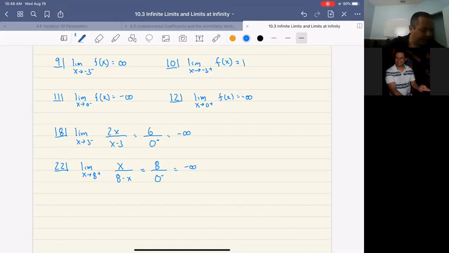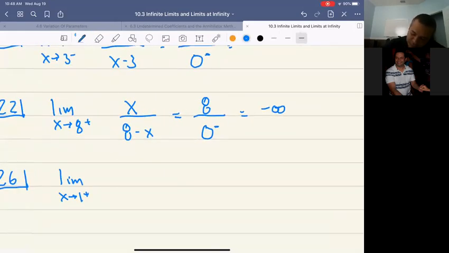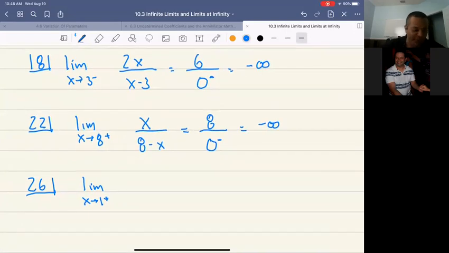Okay, let's try another one. Let's try 26. 26 gives us the limit as x approaches 1 from the right of 2x plus 1 over x minus 1 squared.